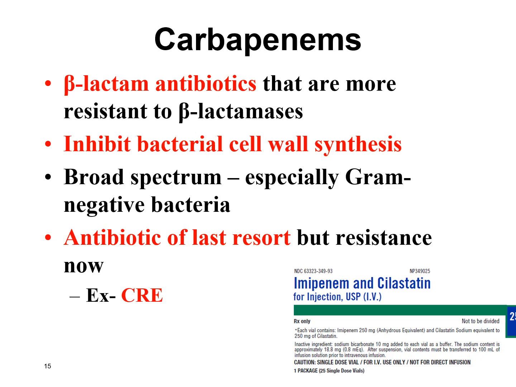So if we had a bacterium resistant to everything else, we could pull out the carbapenems and it would kill it, but that's not the case anymore because we do have resistance to our carbapenems with our CRE bacteria. So remember, those were the Klebsiella pneumoniae and the E. coli bacteria. So they make those beta-lactamase enzymes, the KPC and NDM1 enzymes that will chew up the beta-lactam ring on the carbapenem antibiotics.